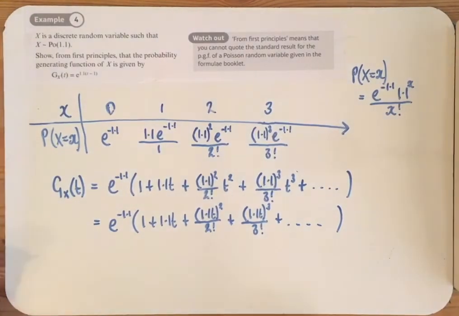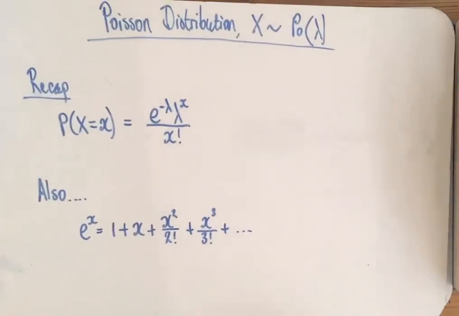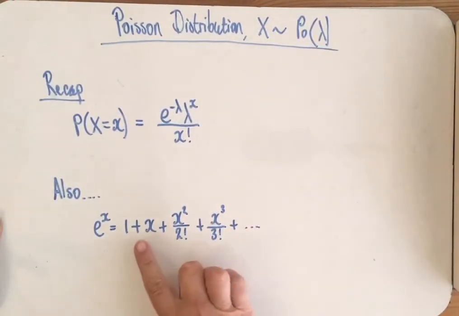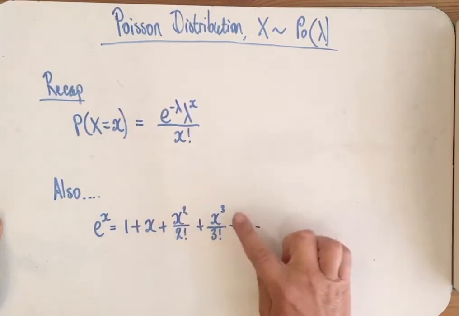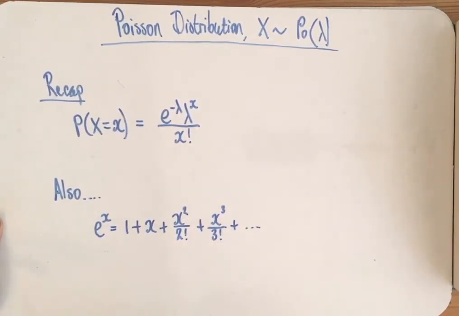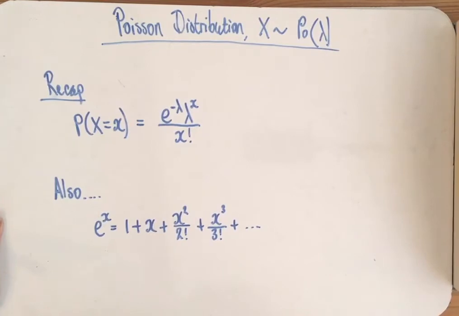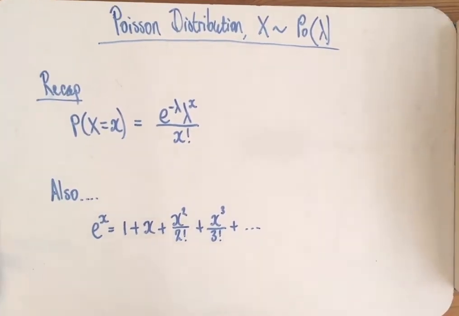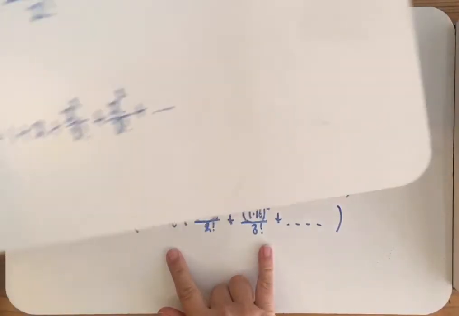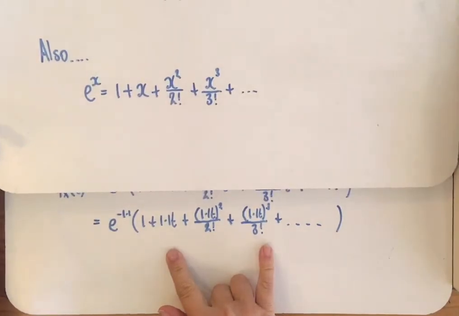So that pattern's quite clear there. And then if we look at what's happening with e to the x, so 1 plus x plus x squared over 2 factorial, x cubed over 3 factorial. So if I replace x with 1.1t in there, we will get this. I think that should be quite clear.